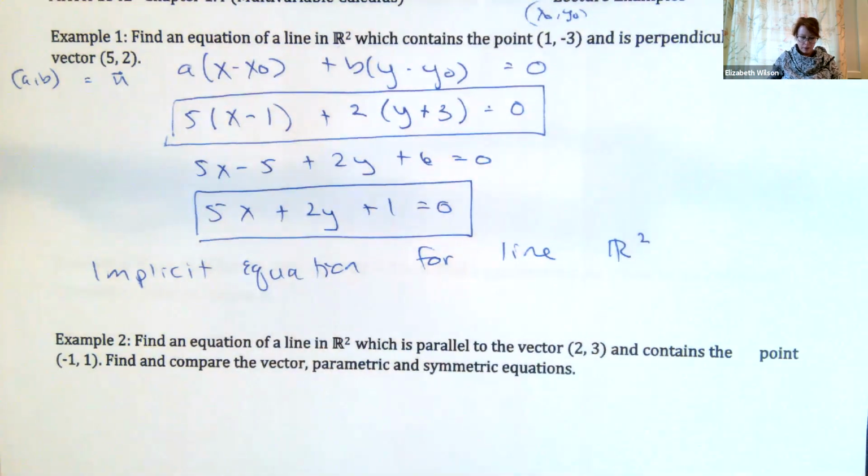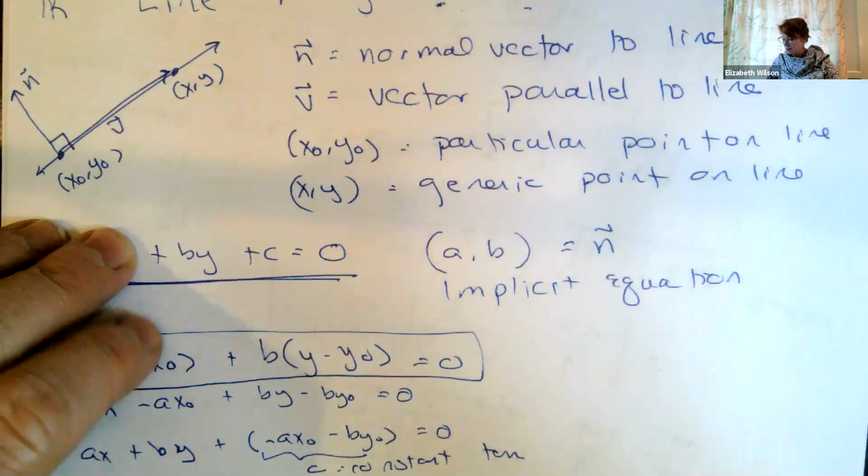Okay, so let's talk about that vector equation. What does that mean? So remember that chart, that kind of graph that I did at the very beginning. I drew a line in space, right? I've got my x naught, y naught, and I've got some generic x, y as a point, and I drew this vector that was parallel to the line.